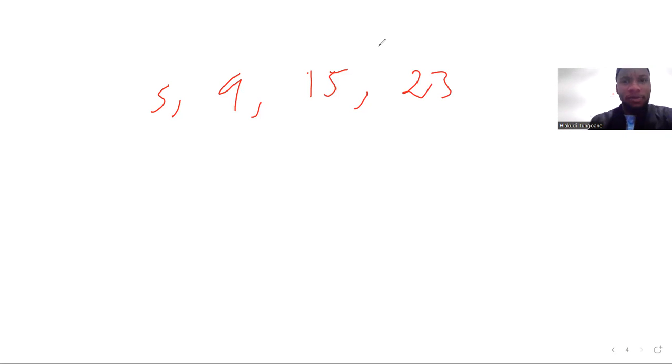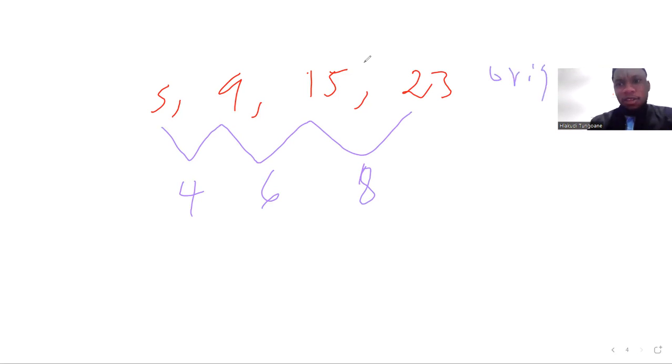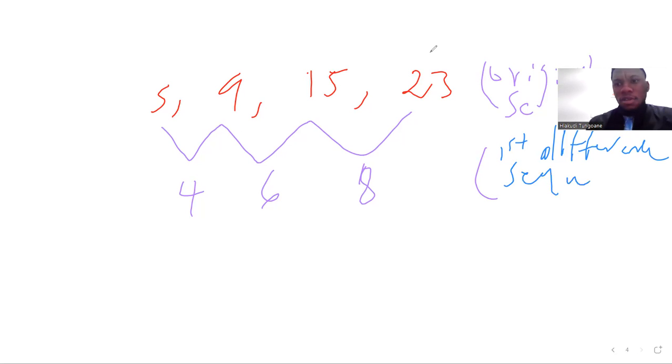So with this example, if we take the difference, that gives us 4, 6, 8. So this is the original sequence, the original sequence, and this is the first difference sequence. And now we need to find the second difference, which is 2, 2.